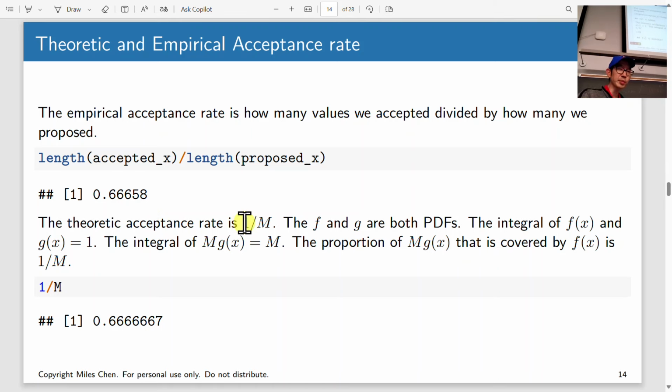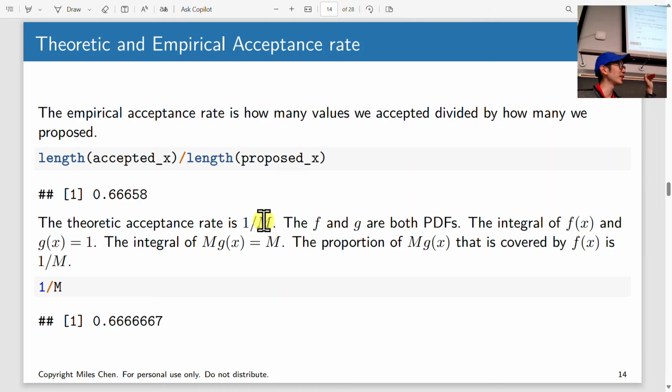The theoretic acceptance rate is going to be 1 over m. That's because the area of g of x is 1, and the area of f of x is 1. But we had to multiply g of x by m so that m times g of x is greater than or equal to f everywhere.